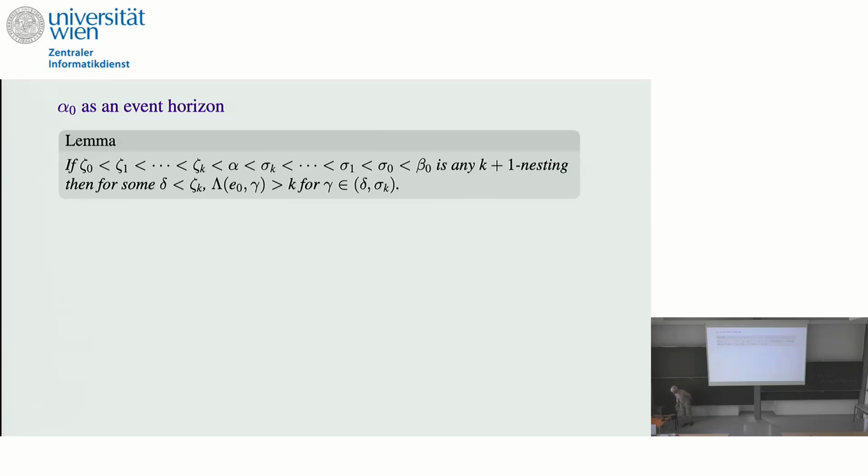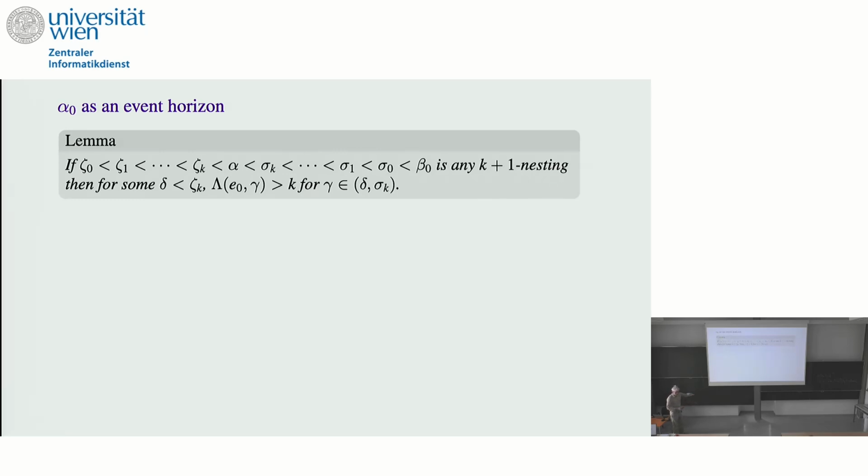This is the statement I referred to earlier, that alpha 0 bar is an event horizon. If you've got a k plus 1 tuple, and with sigma 2 extendable to these ordinals here, then gammas right here below zeta k up to sigma k, you're forced to be below depth k.